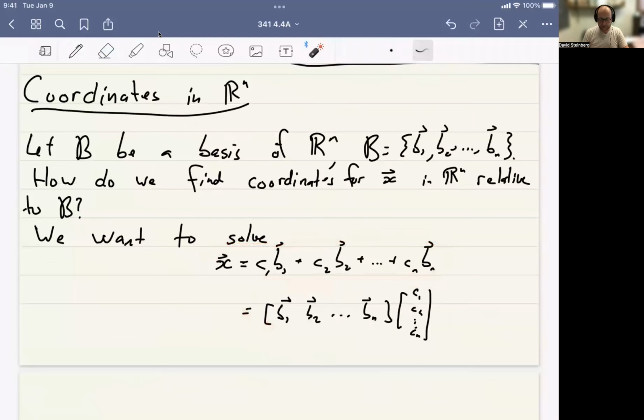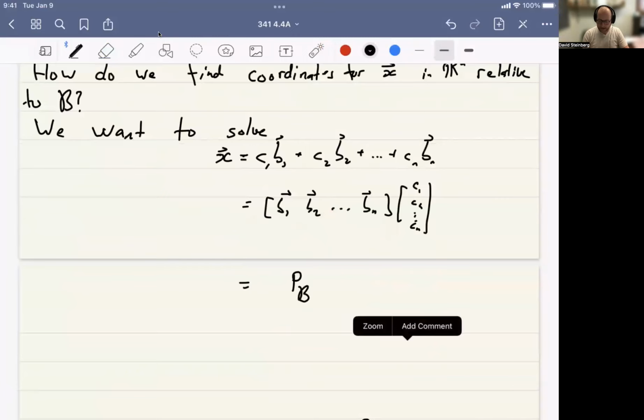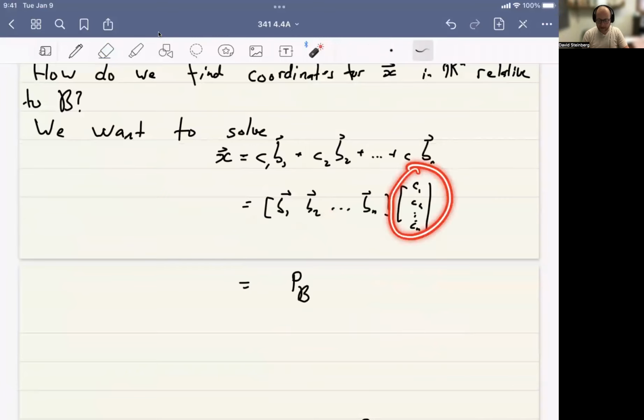That amounts to, we can put all of these basis vectors into a matrix, and so hitting this matrix with this vector, and we should give this matrix a name. Let's call this whole thing P_B, and actually we know what these scalars are called.